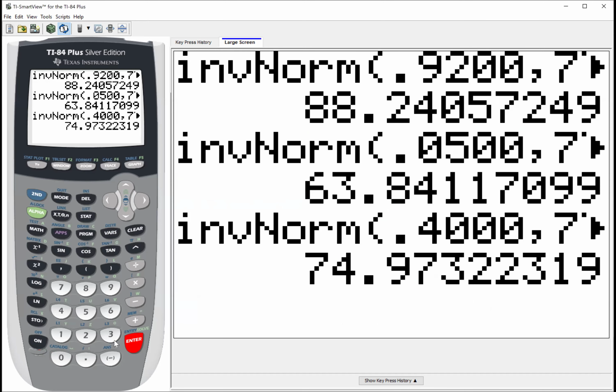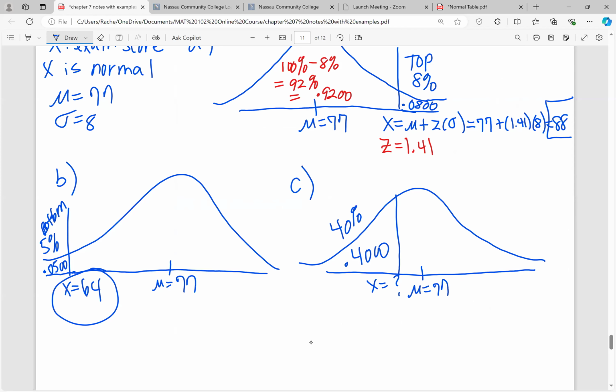And we get a score of about a 75, or 74.97. So we would need to get about a 75 to be at the 40th percentile.